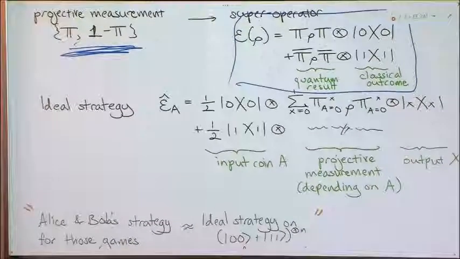For us, we have this superoperator here, E_A hat, that describes the ideal CHSH game. In the ideal CHSH game with probability 1/2, you input coin 0, that's the first register, and then Alice makes some ideal projective measurement, and then there's some outcome that corresponds to the measurement.